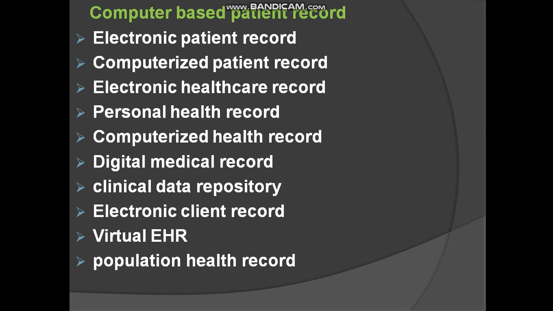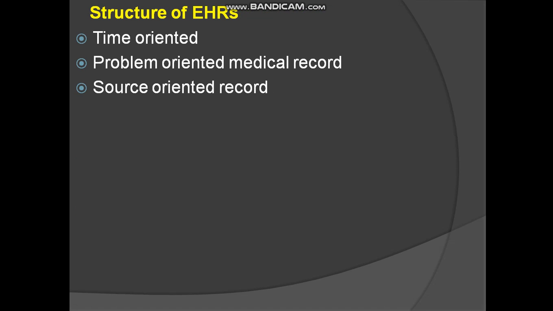Computer based patient record types are electronic patient record, computerized patient record, electronic health care record, personal health record, computerized health record, digital medical record, clinical data repository, electronic client record, virtual electronic health record, population health record.